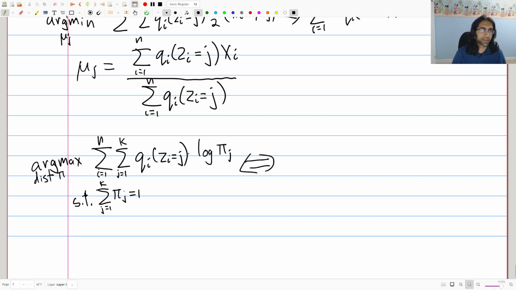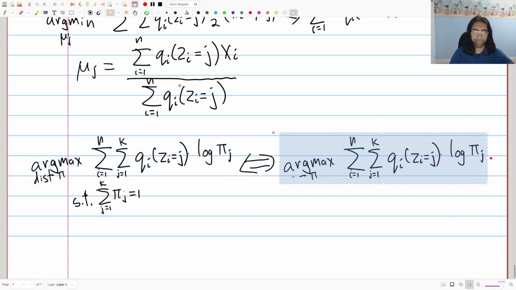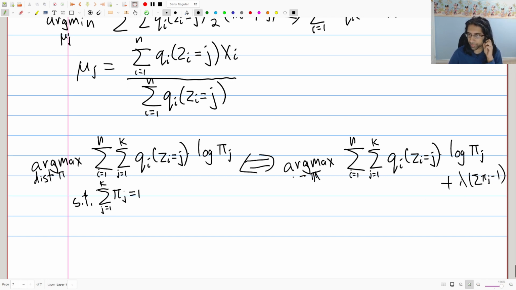You take essentially the same thing, and then you add on to the function here plus lambda times the sum of pi j minus 1, and you're trying to optimize over this new thing.